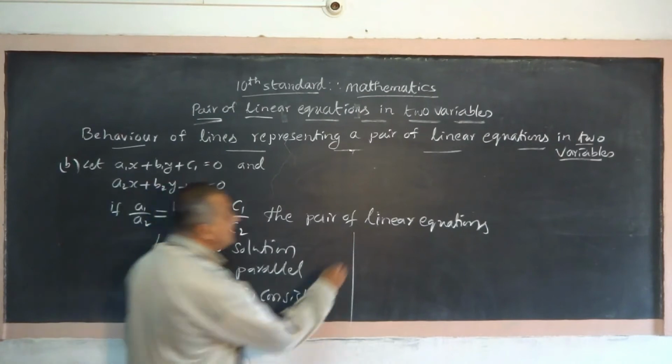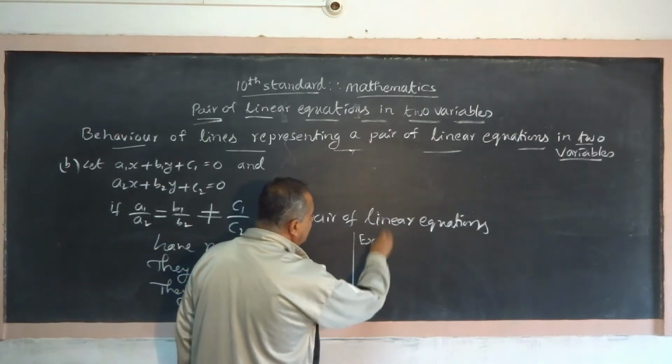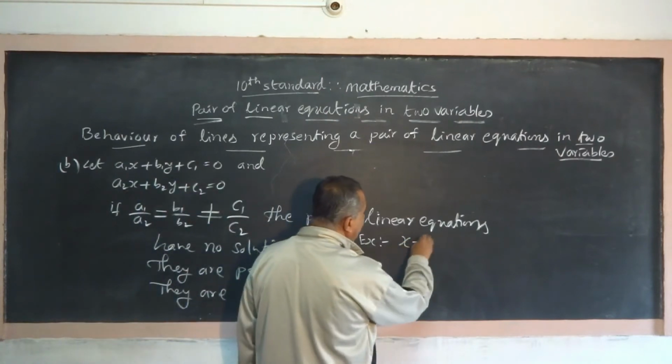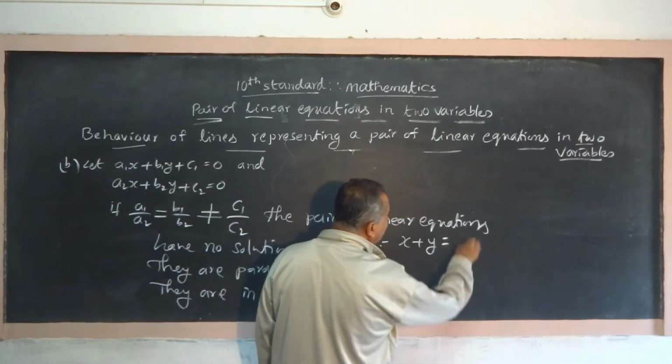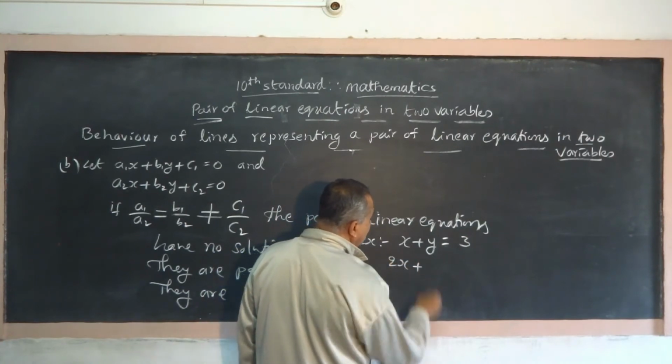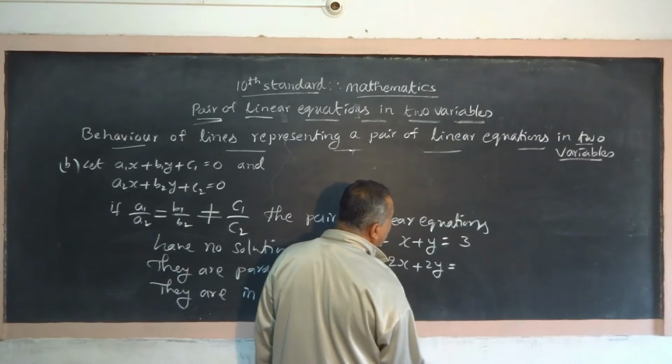How? Example. Here you see x plus y is equal to 3 and 2x plus 2y is equal to 8.